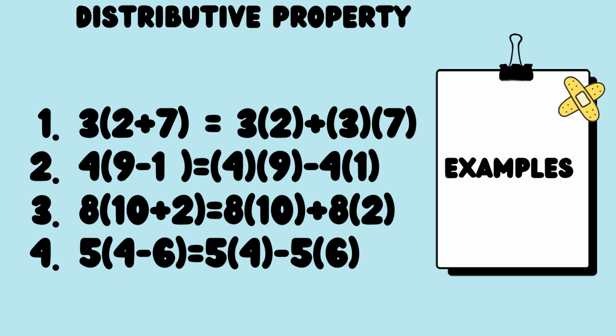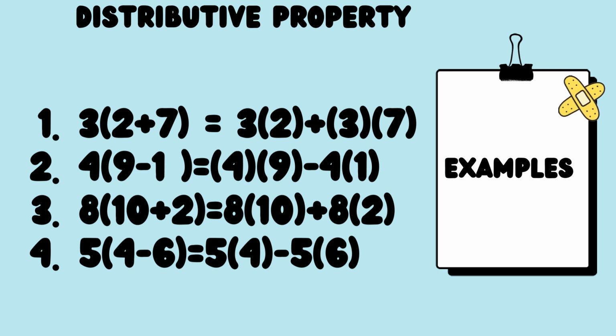So it becomes 8 times 10, 80, plus 8 times 2. Sometimes it is going to be easier when you break them down, no? So 80 plus 16 is 96. Just like this one, 12 times 8 is 96. Just the same.